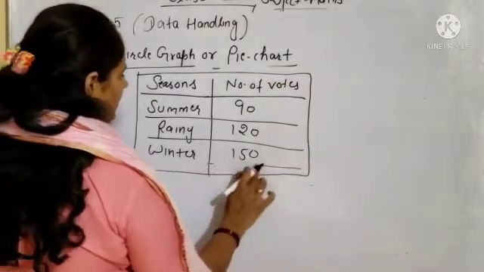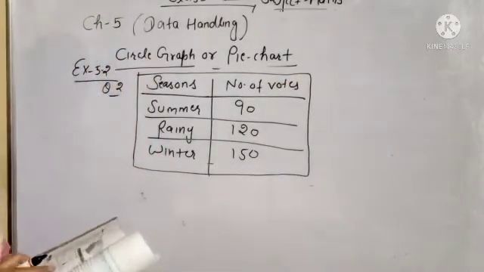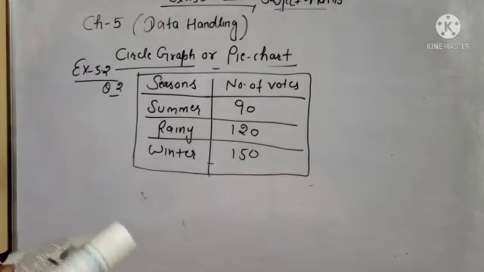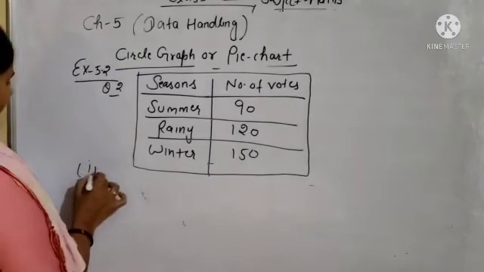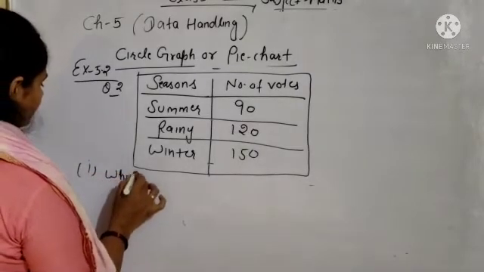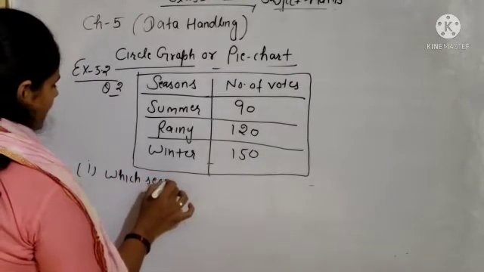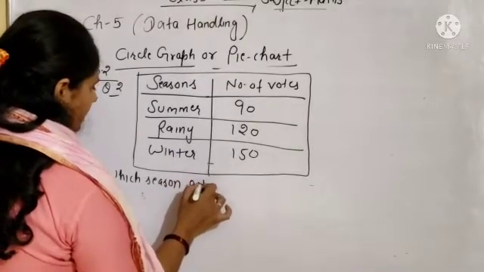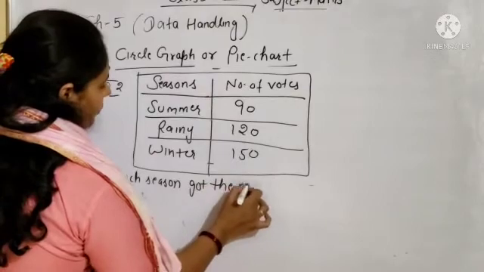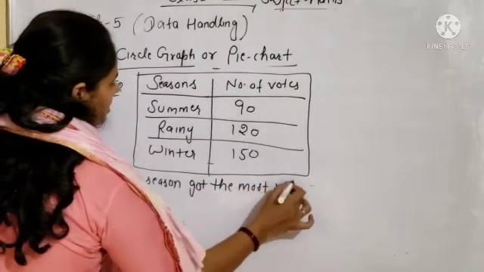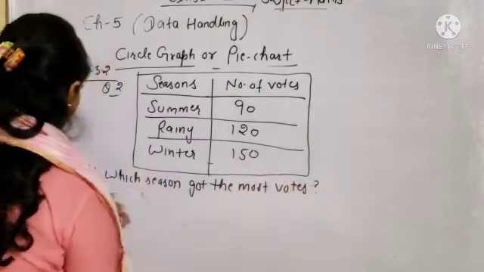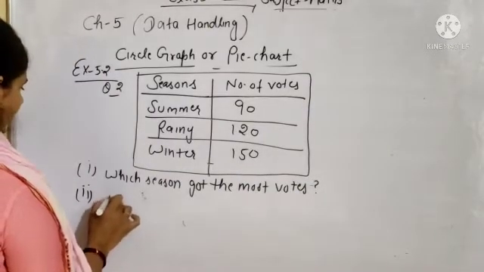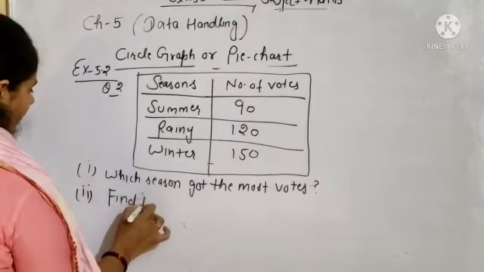Clear beta? After that some questions are asked. Which season got the most votes? First part, first question. Second part, find the central angle of each sector.